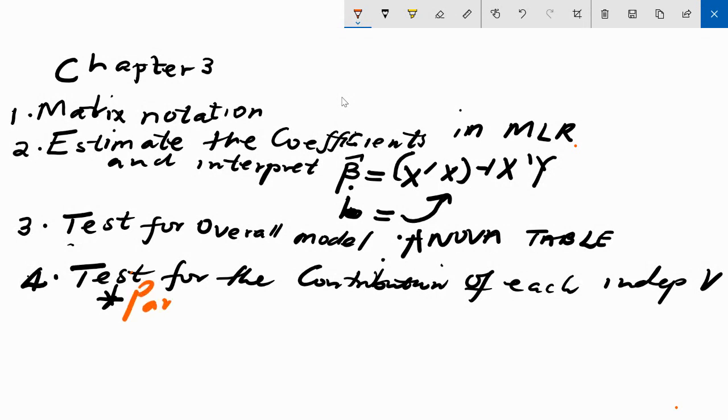Partial F test. Another method, leadership. Confidence interval for the betas. Yes, right.